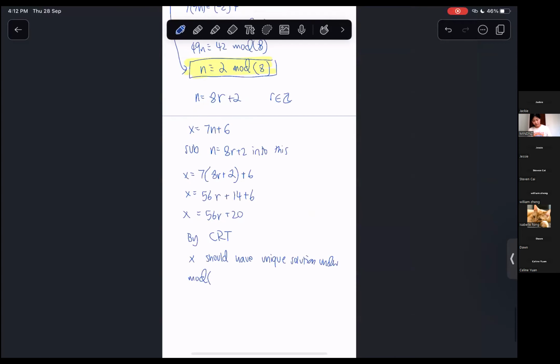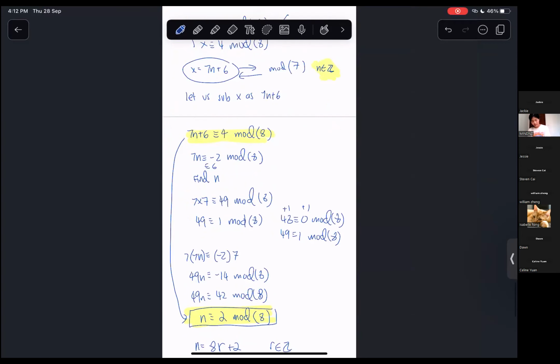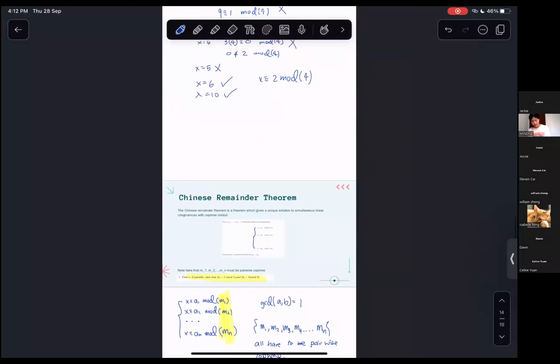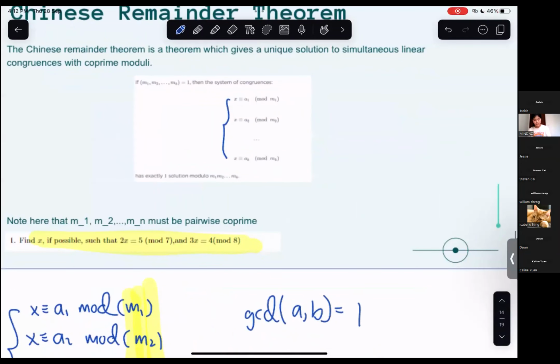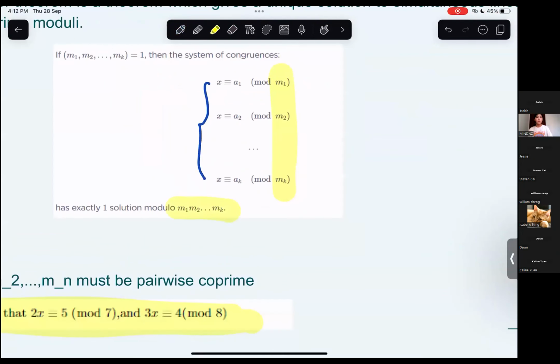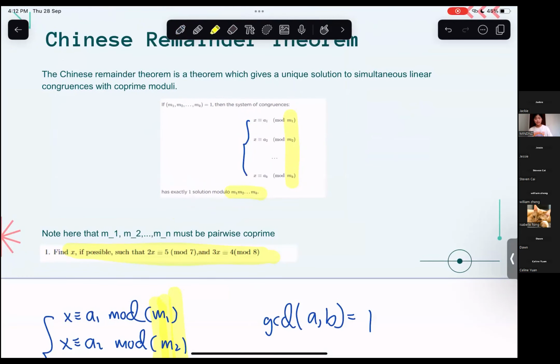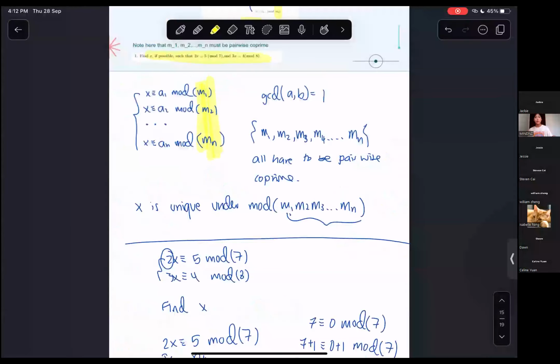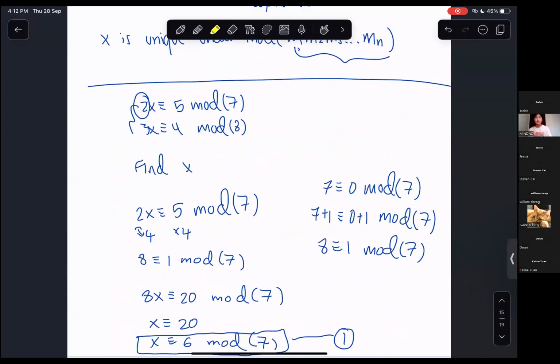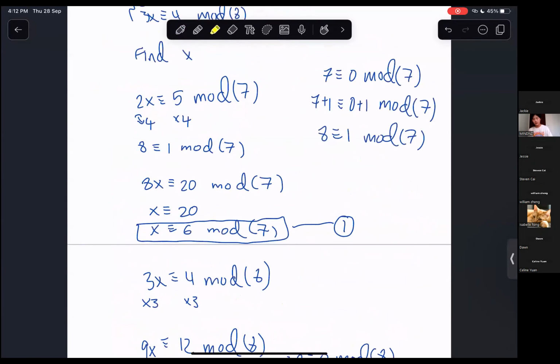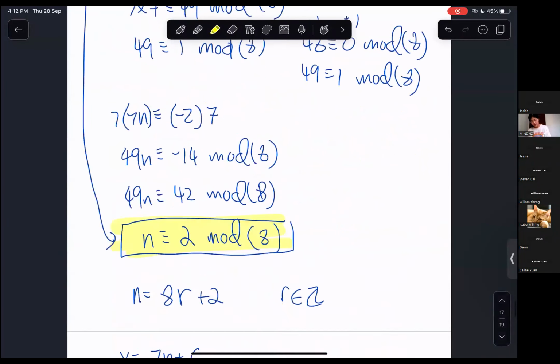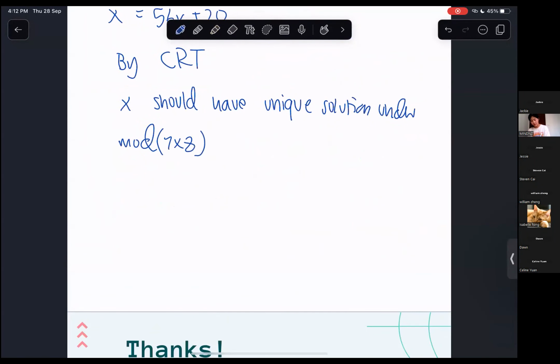Remember, like we talked about way back, it should have a unique solution under M1, M2, M3, all the way to MK. But in our problem right here, we're only considering M1 equals 7 and M2 equals 8. So it should have a unique solution under 7 times 8, and that should be mod 56.